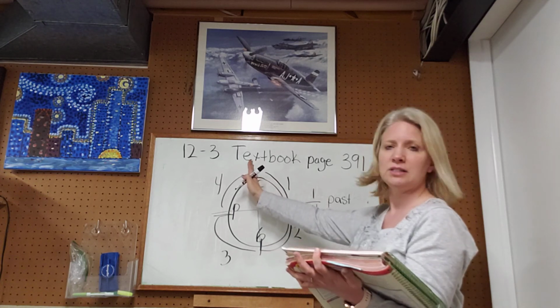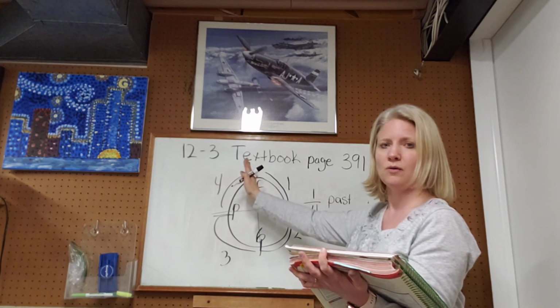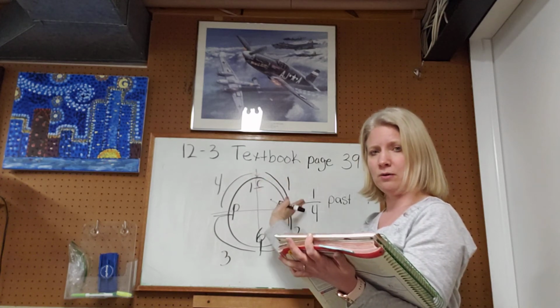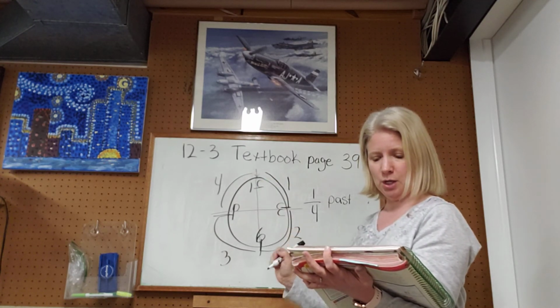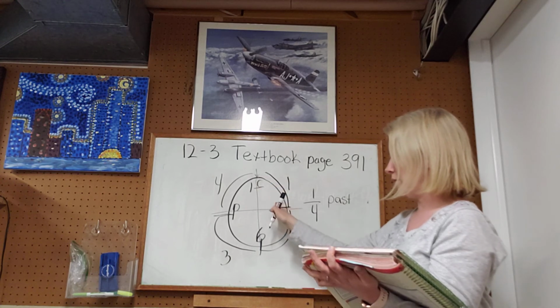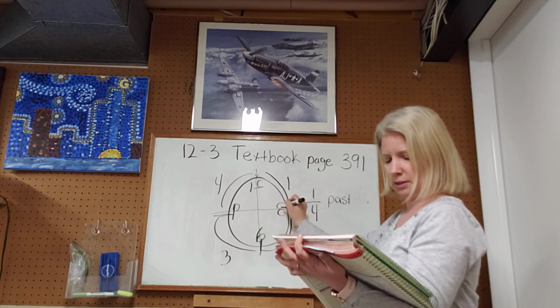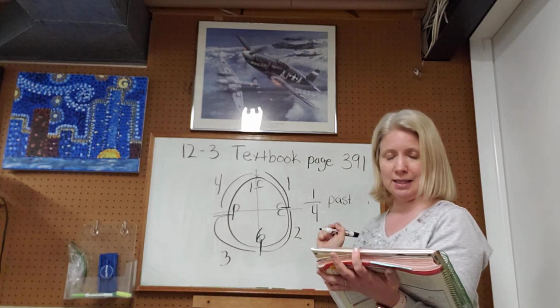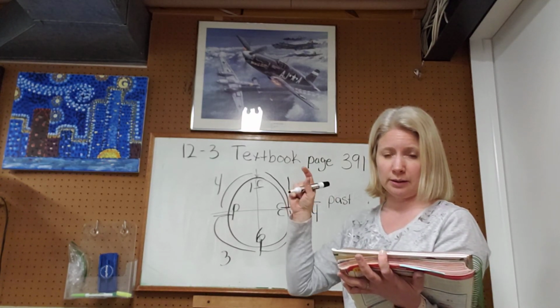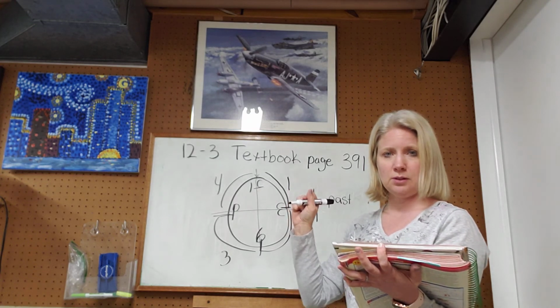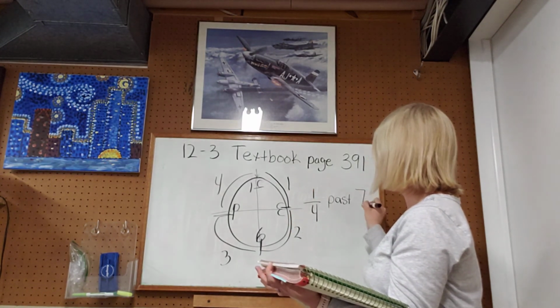If it goes past the 12, you're into the next hour. So it's 1/4 past, and the hour is the littler hand. It's pretty much at the 7. So it's about 1/4 past 7.